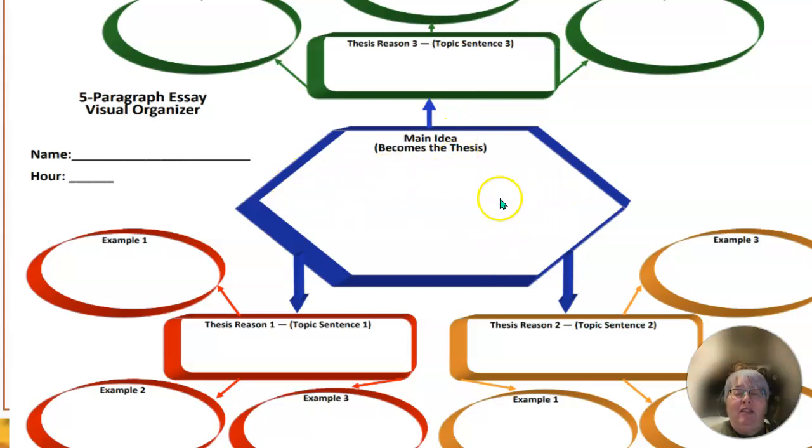This becomes the thesis. So let's say people need to belong to a society group because it gives them confidence, it gives them feedback, and it promotes relationships. Something along those lines. Then that sets it up. The two main reasons in your thesis.